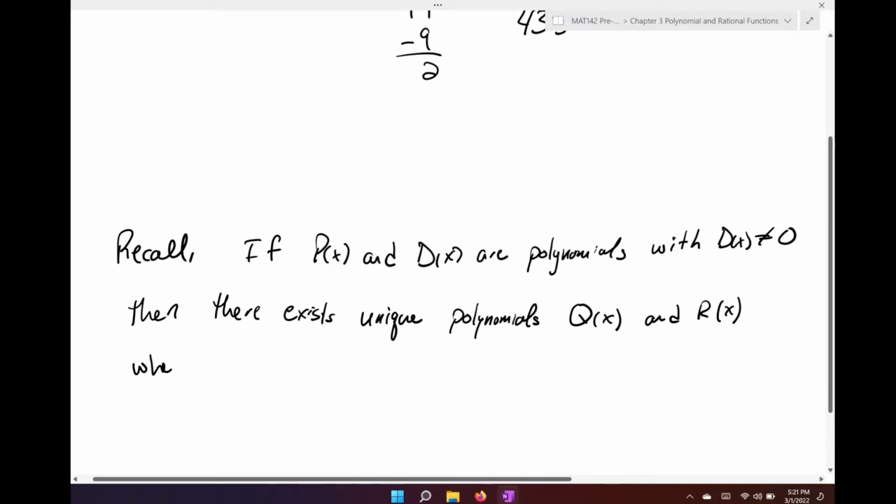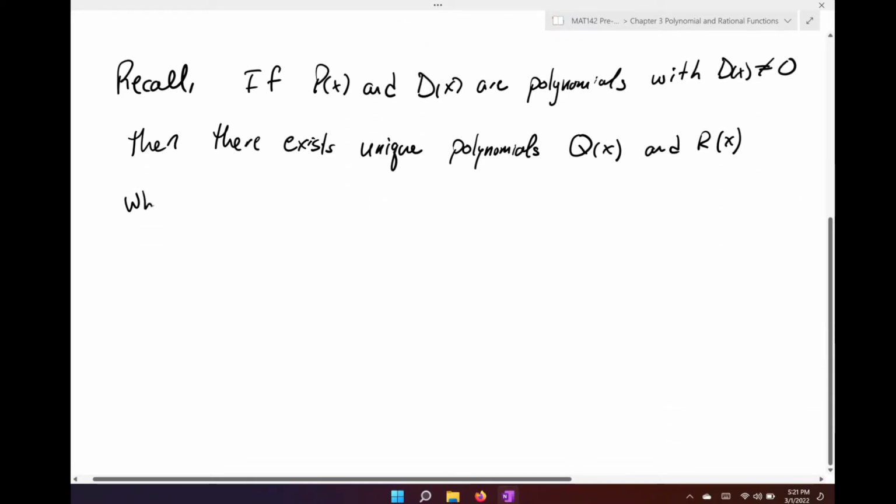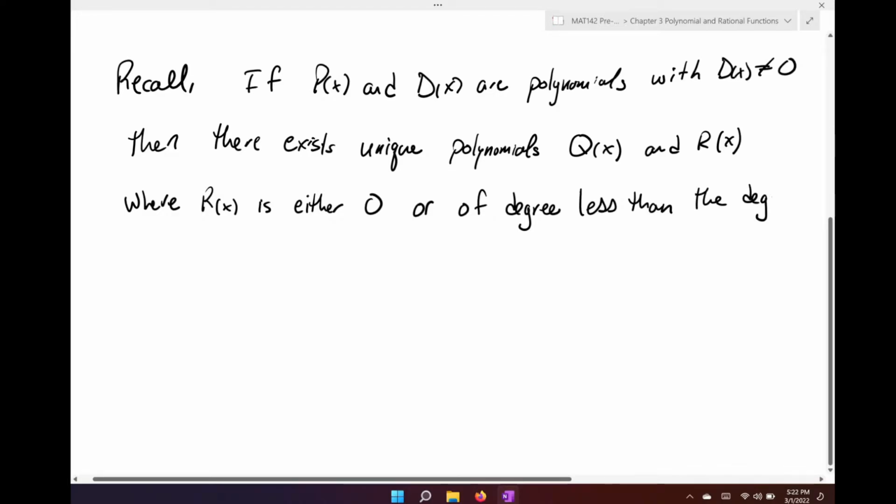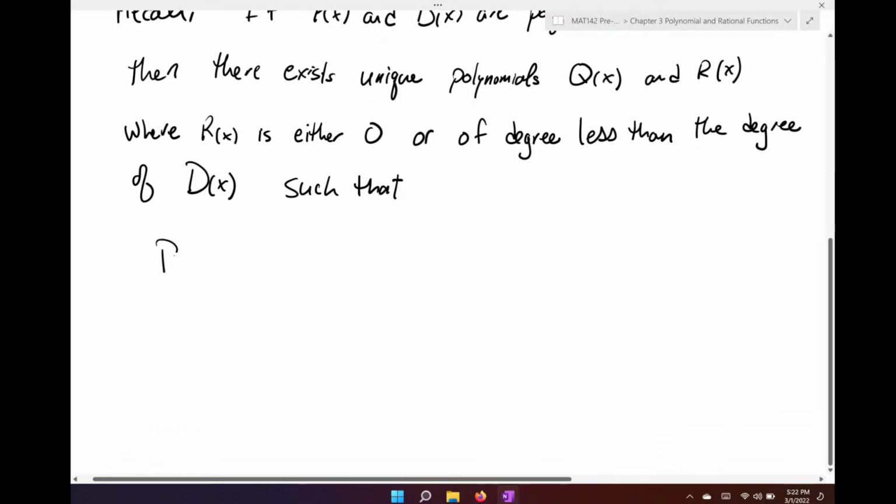where r of x is either 0 or, and this is the most important part, of degree less than the degree of d of x, such that p of x over d of x will equal q of x plus r of x over d of x.